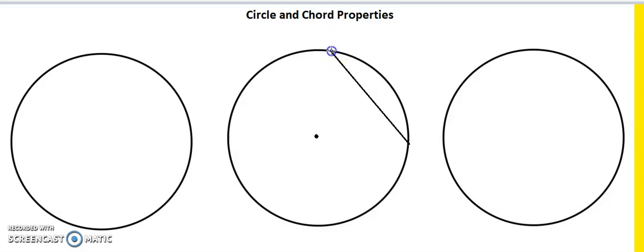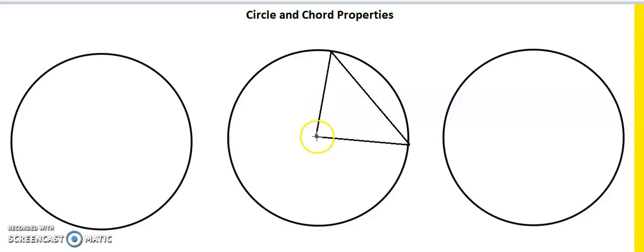And I see that because these two angles are going to be exactly the same. So if it goes across straight away, it's going to have both of these angles the same. So that means it is an isosceles triangle.